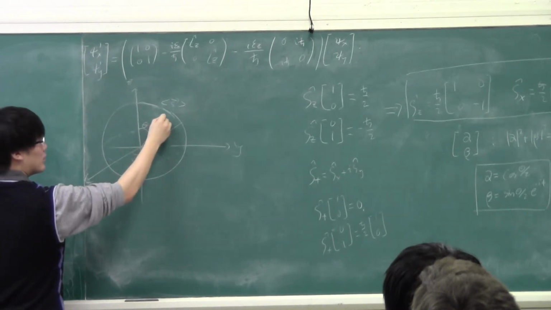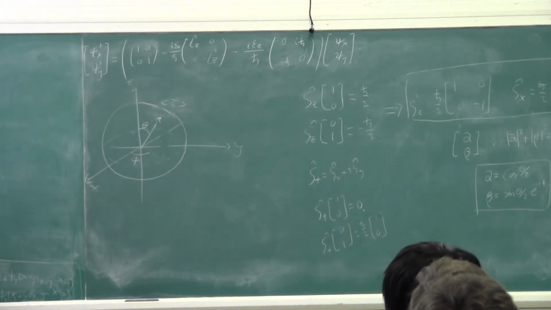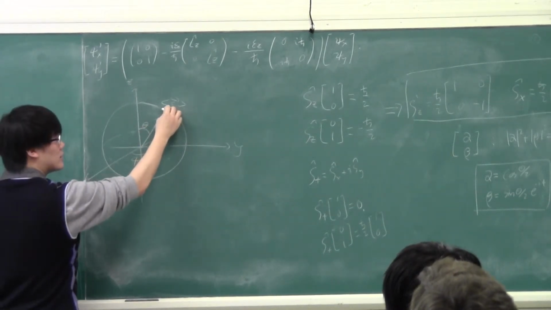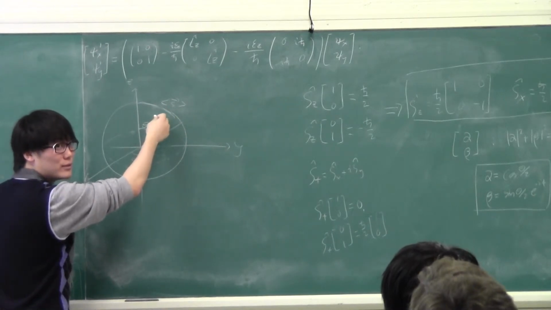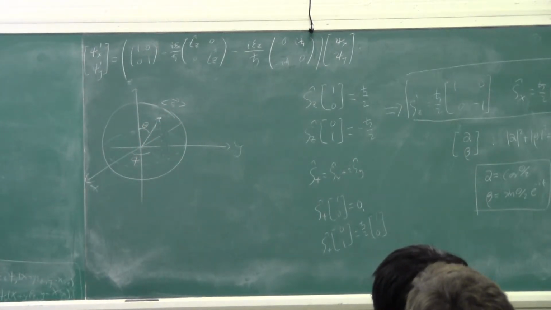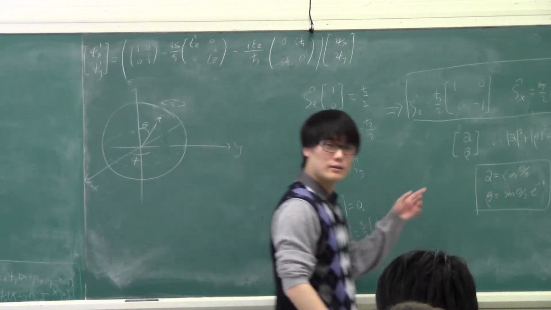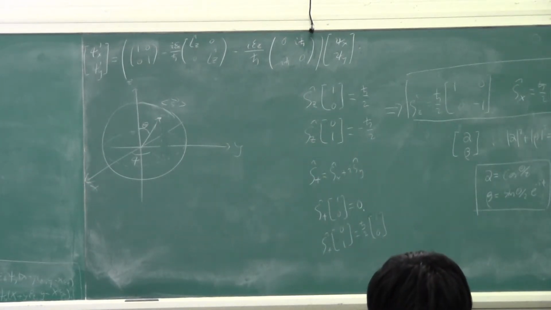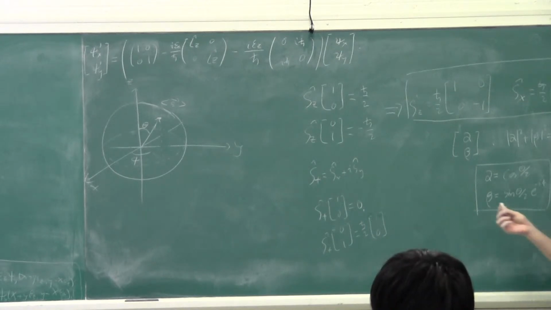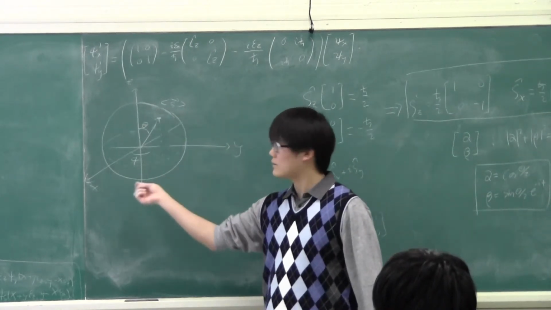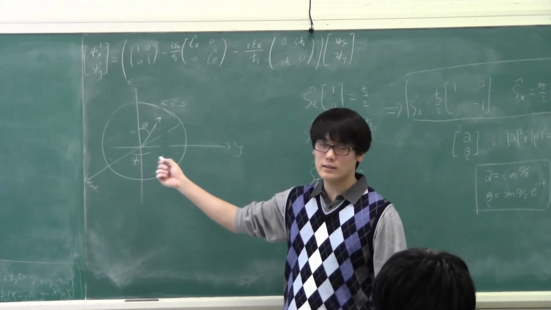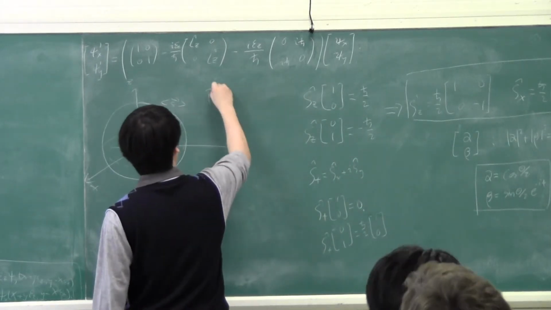This point is on the sphere. So now, based on theta and phi, we can narrow down one point on this sphere. And this is called the Bloch sphere.